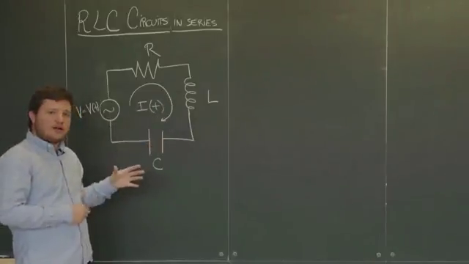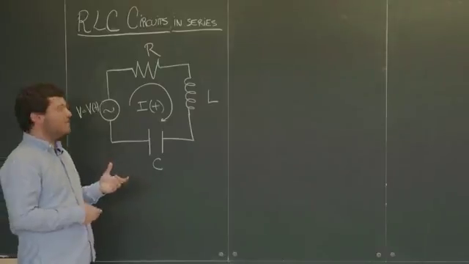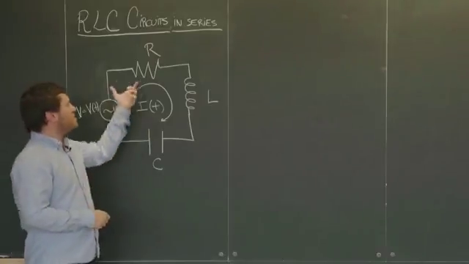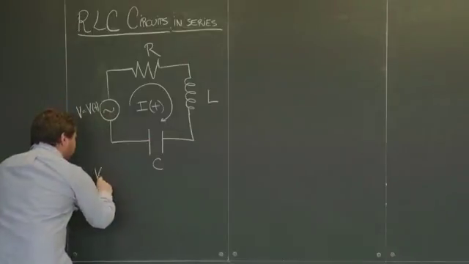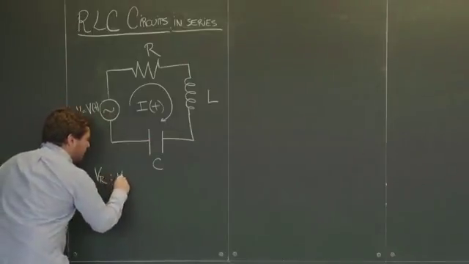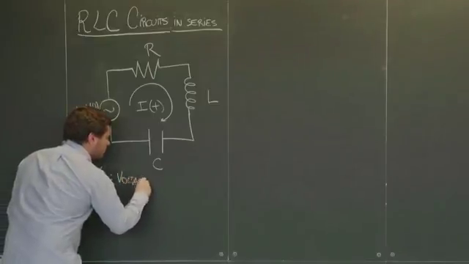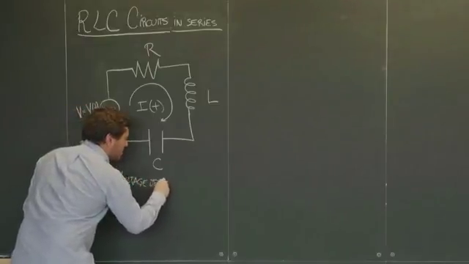The other three parts that we can measure of the system are the voltage drops across each of these three components. So we have VR to be the voltage drop across the resistor.